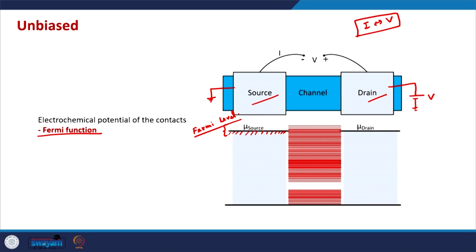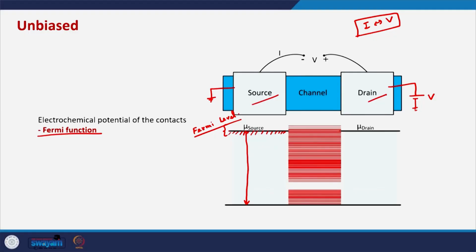The source and the drain contacts will have a continuum of states below the Fermi level and even above the Fermi level, because these are bulk materials, and so the allowed electronic states will be a continuum of states. Almost at all possible energies, electrons can exist because they are metals and bulk materials.